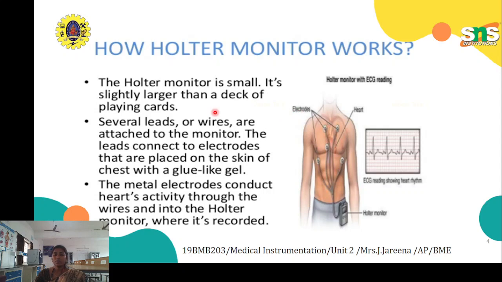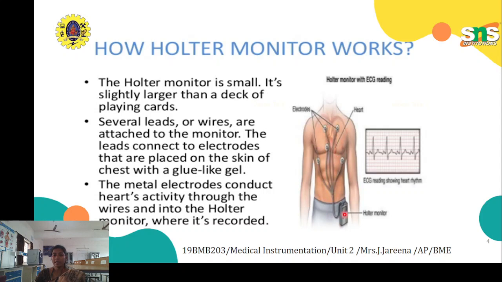So far we discussed what a Holter monitor is and its applications. How does it work? It is very simple, almost similar to our normal ECG. It is a very small, compact device, and it usually comes with several leads.